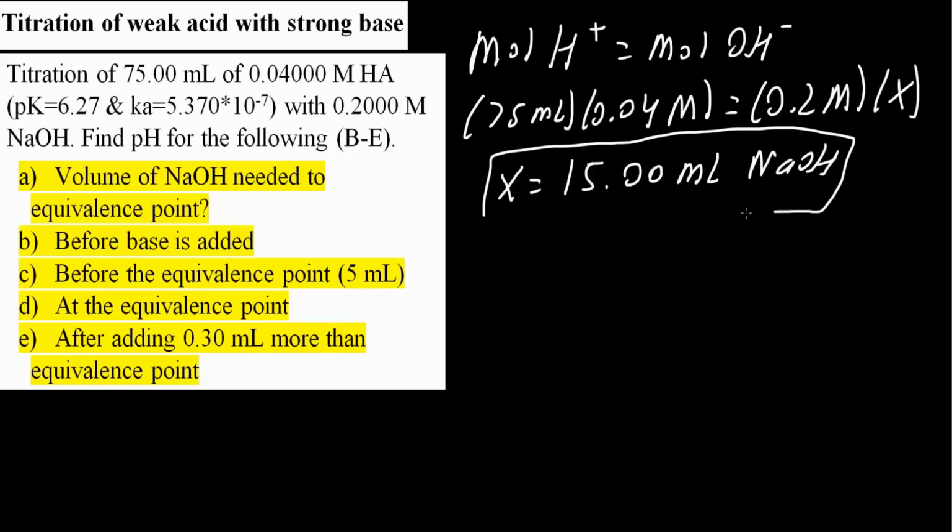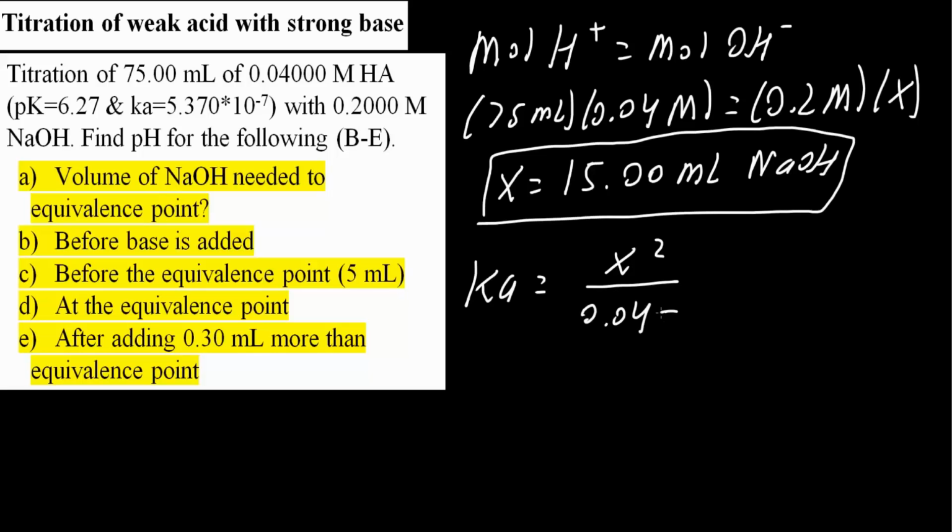So this right here is the first answer. This is part A. Now we want parts B, C, D, and E. For these four, we want to find the pH. So we want to know, before base is added, what is the pH? So we're just focusing on the weak acid, the HA. So we say Ka is equal to X squared divided by 0.04 minus X. The value of Ka was 5.37 times 10 raised to negative 7.